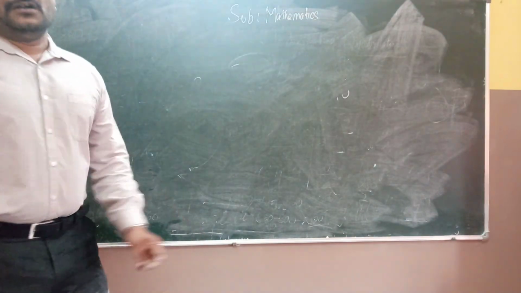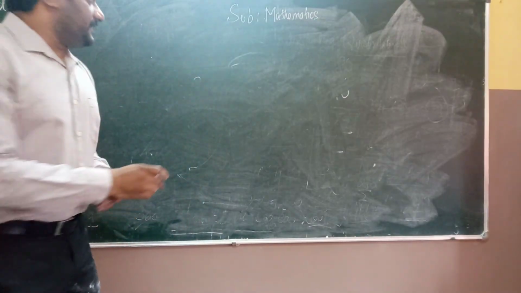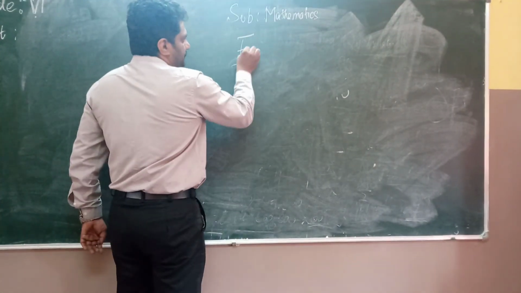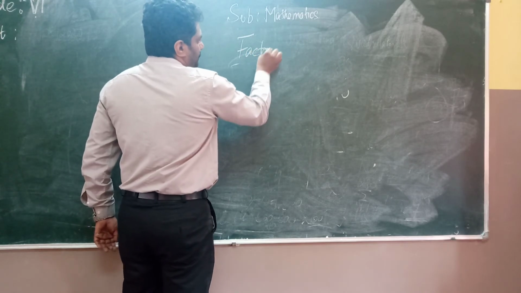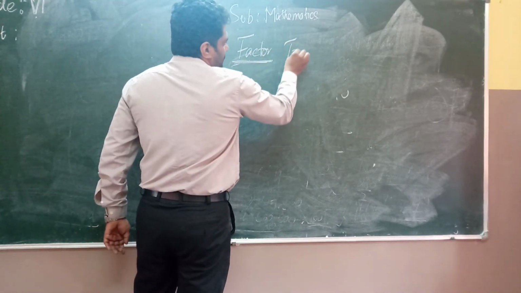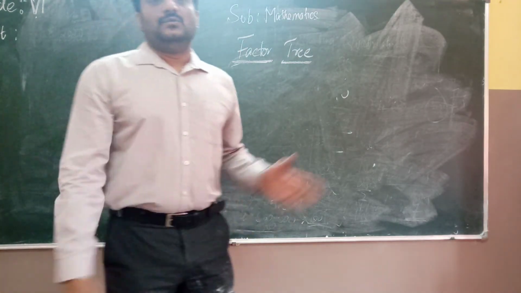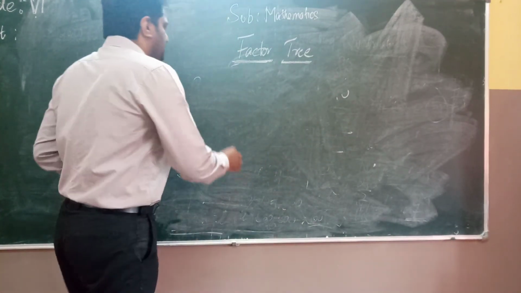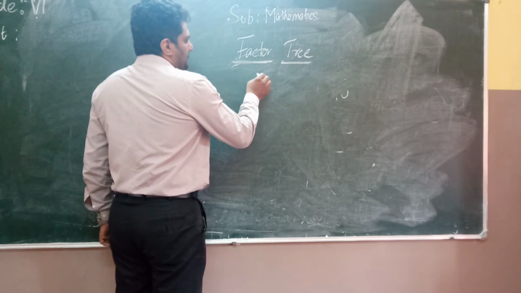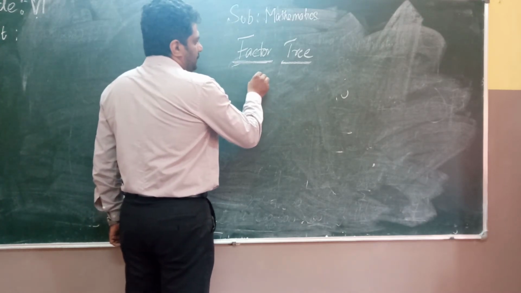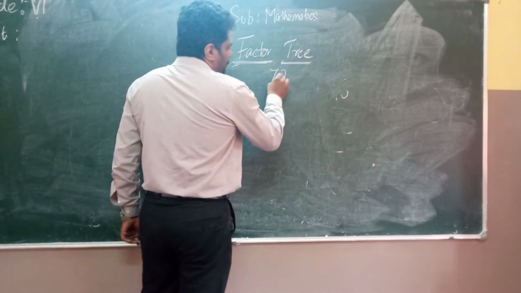Now there is something called a factor tree. What is a factor tree? You're just drawing a tree with its factors. For example, let's start with 72.